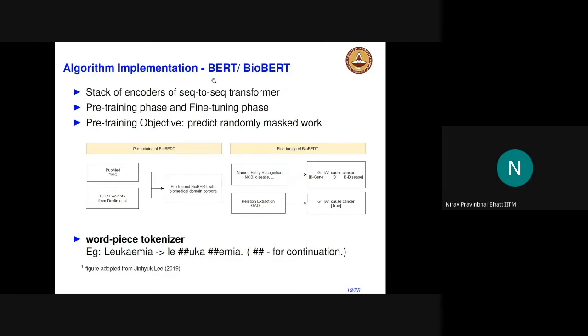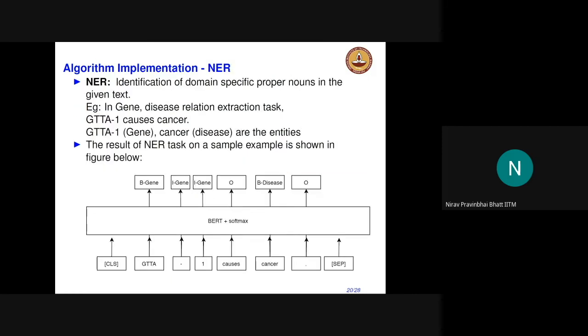BERT is a very generic tool, but we found that BERT and BioBERT behave more or less the same for the task we are interested in. The main aspect is that we have to tokenize the sentence, and there are different ways of tokenizing. In the interest of time, I'm not going to go into that detail.